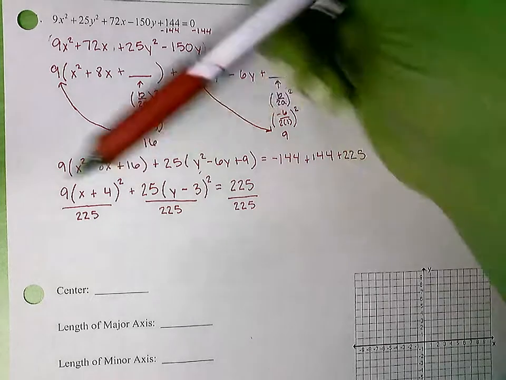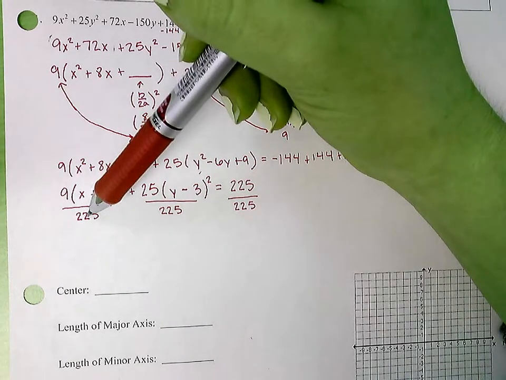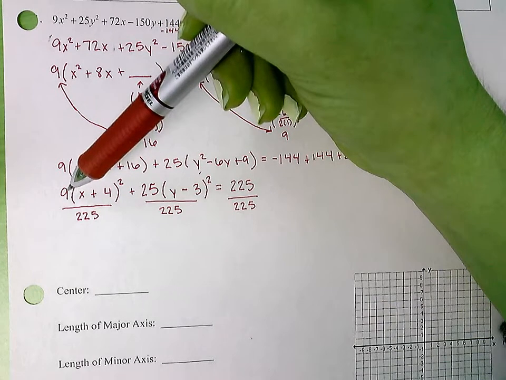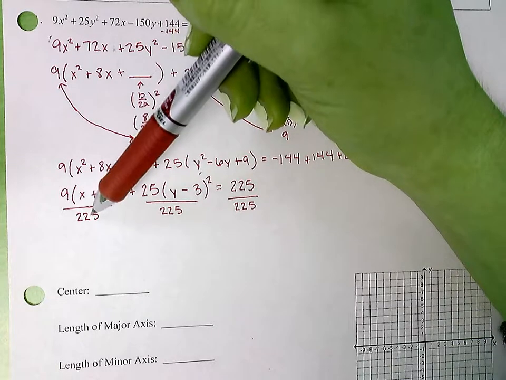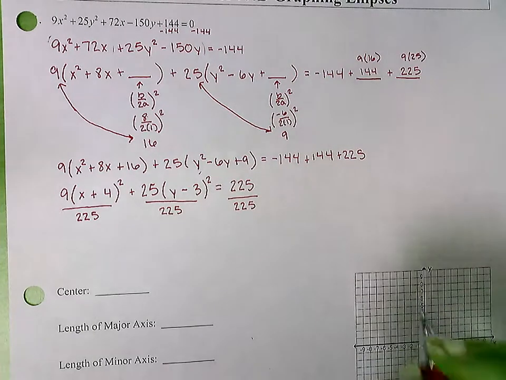Okay, so when I do that, you're going to reduce this fraction here, because this number up here should cancel out. That means you're going to divide 225 by 9, which is 1 over 25.